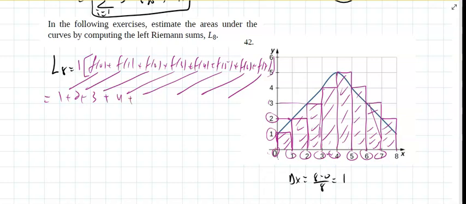F of 4 happened to be 5. F of 5 is 4, then 3, 2, and 1. So that will be 4, 7, 10, and 10, that's 20, plus 5, that's 25. I didn't make a mistake.